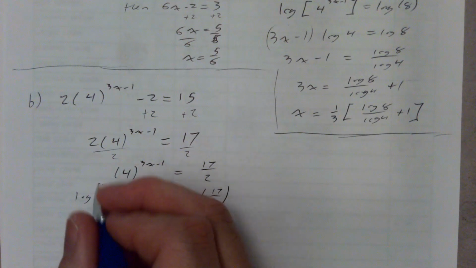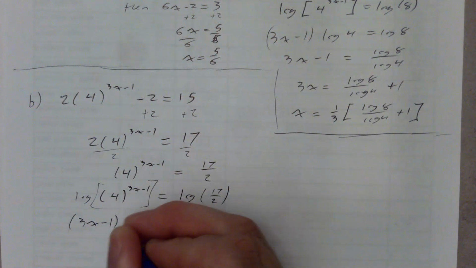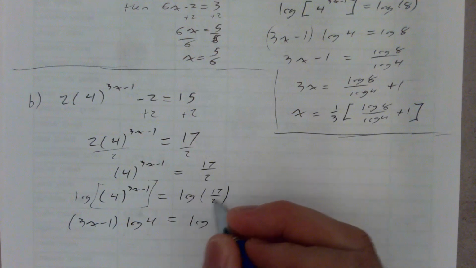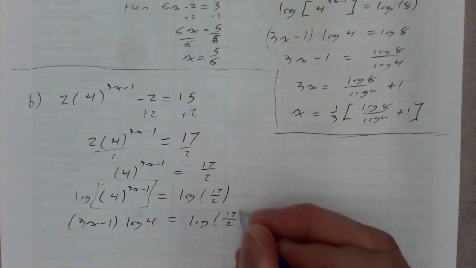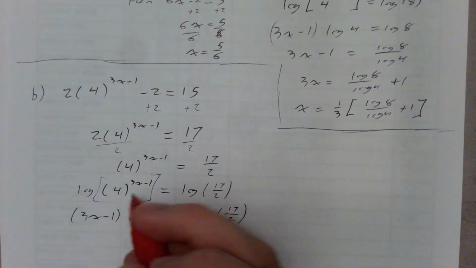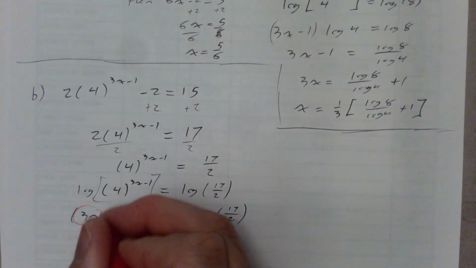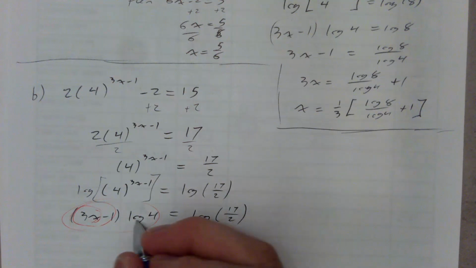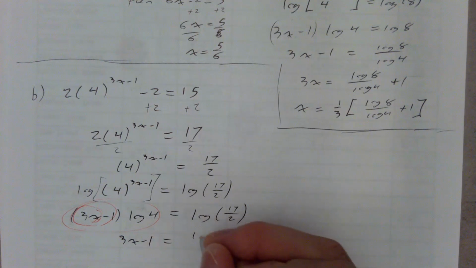Then I use my log property, power of a power, keep my base, and multiply my exponents. This can be written as log 17 minus log 2. I'm not seeing why that would be useful. And now I am going to peel the operation layers off of this equation onion. I'm going to undo a multiplication of log 4 by dividing both sides by log 4. That'll give me log 17/2 over log 4.